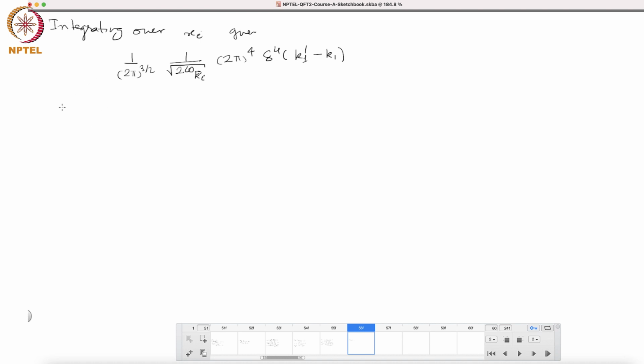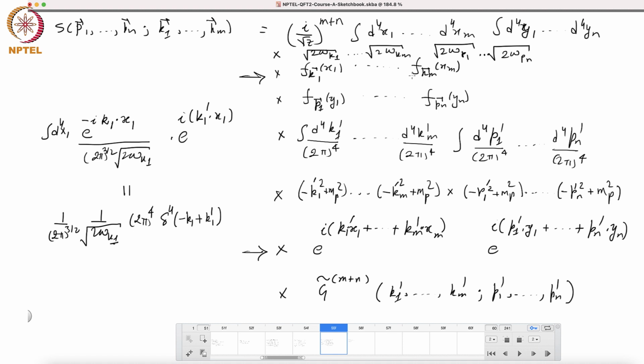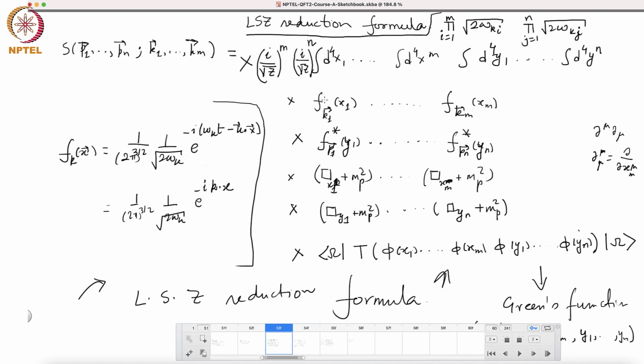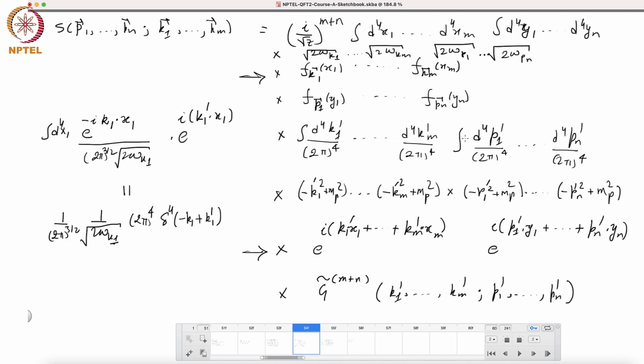Now let us look at the y integrals. Integration over yi. Let us go back. Okay, there is again a small mistake here. We had the P1s, f_P1, they had a complex conjugation, which is what is missing here.